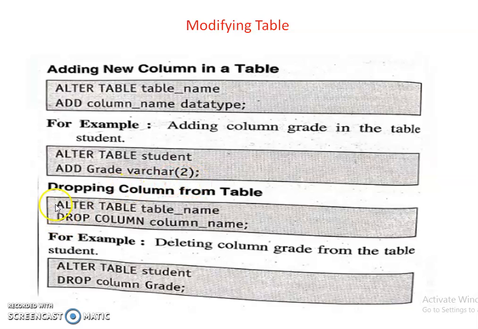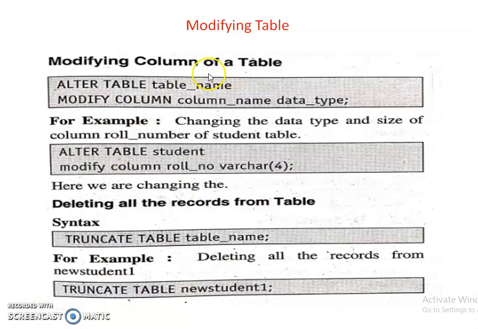Okay. So next we discuss dropping a column from a table. For that the syntax is here: alter table, table name, drop column, column name. It means you have to drop the particular column. For example, deleting column grade from the table student. For that, alter table student drop column grade. It means you have to delete the grade column. Now we discuss modifying a column of a table.